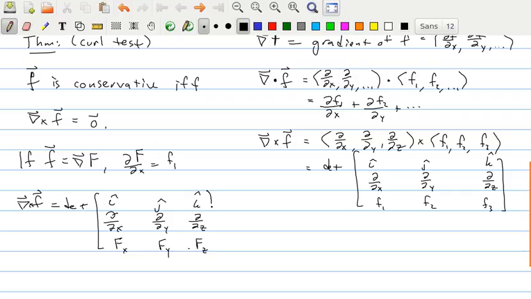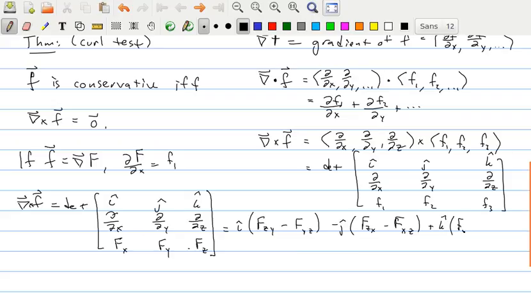If we expand out this determinant here, in the i component, we've got this cross multiplication right here, and this gives us the partial of f with respect to z then y, minus the partial of f with respect to y then z. And then for the j component, likewise, we've got these two. So this is f_zx minus f_xz, plus, and then the k component is this cross multiplication.